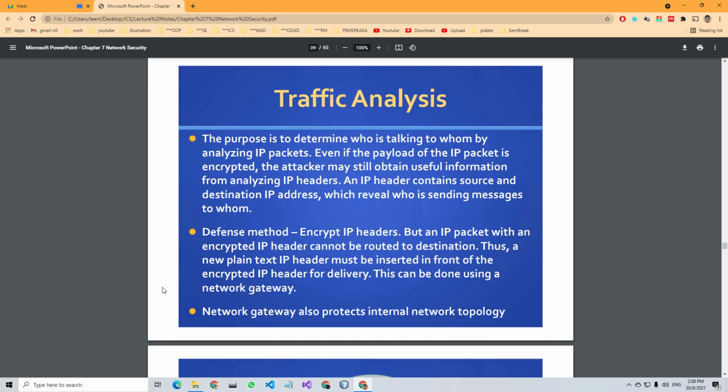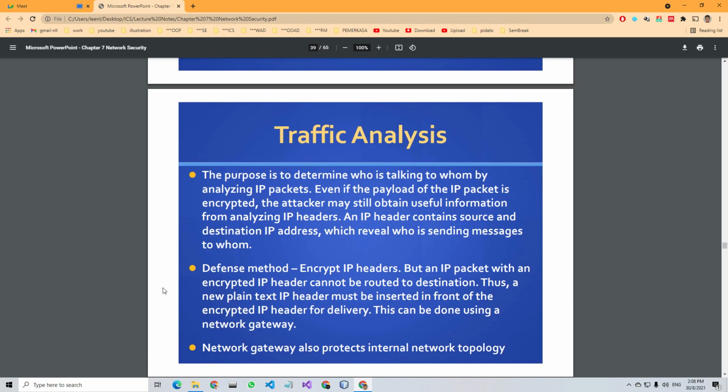So what's the defense method here? Encrypt IP headers. But an IP packet with an encrypted header cannot be routed to its destination. Thus, a new plain text IP header must be inserted in front of the encrypted header.